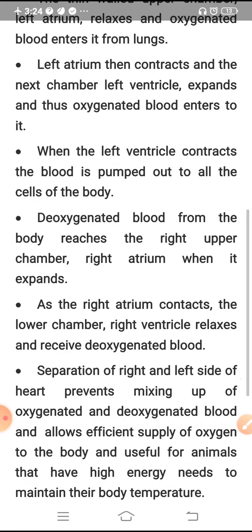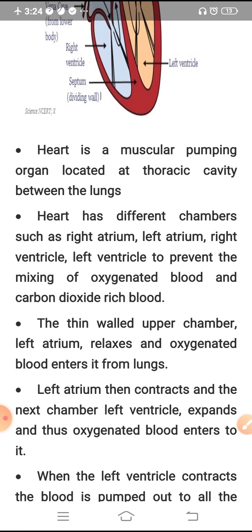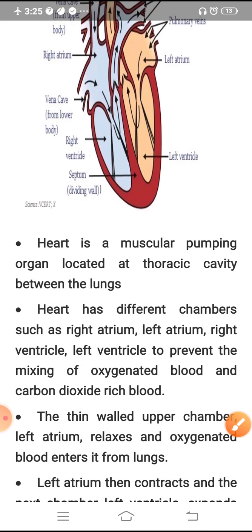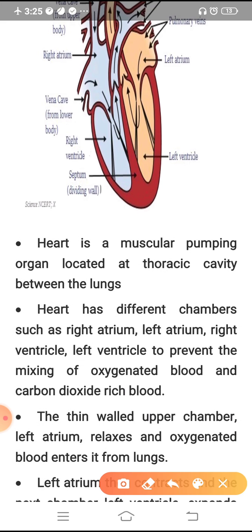The points which I have mentioned here, let us recall once. As I told you, the heart is a muscular pumping organ. It is located in the thoracic cavity, between the lungs. The heart has different chambers: right atrium, left atrium, right ventricle and left ventricle.